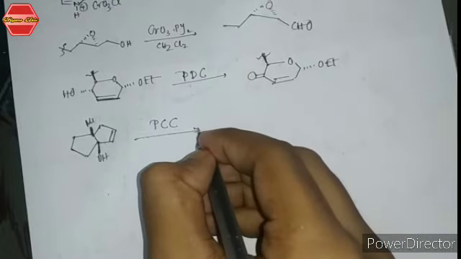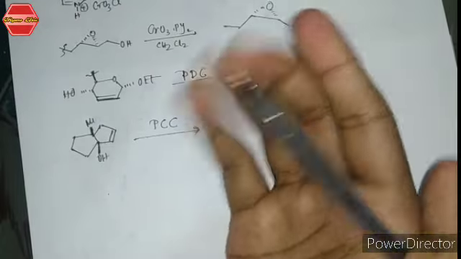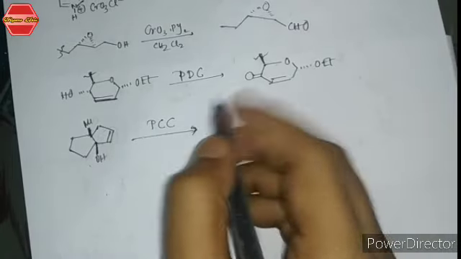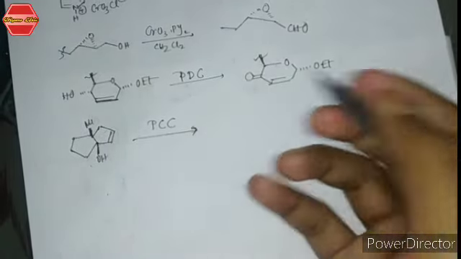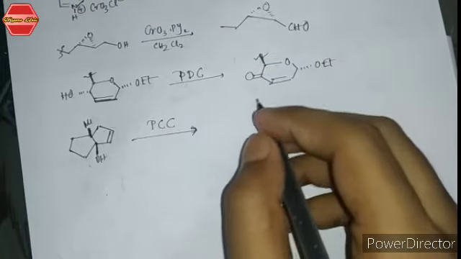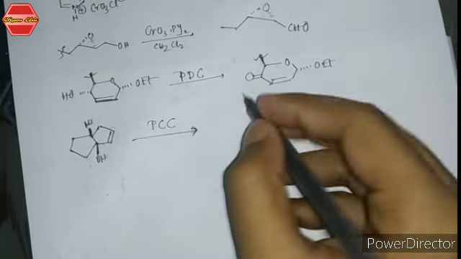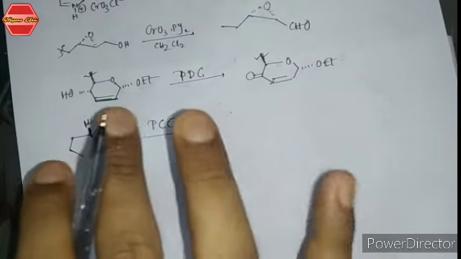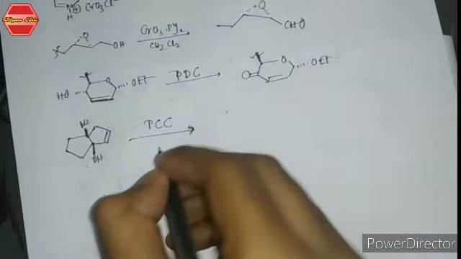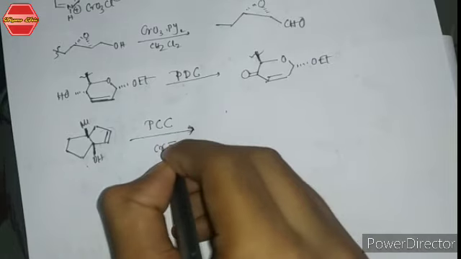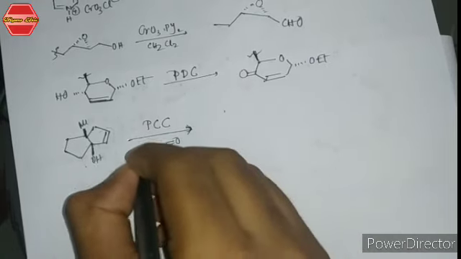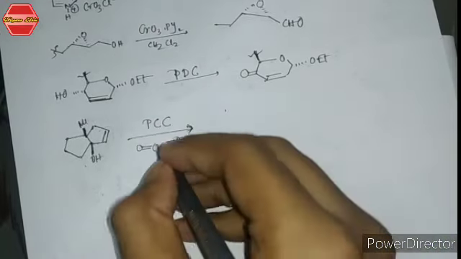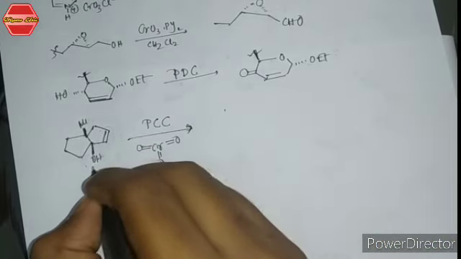So when we use this PCC, this overall part will rearrange. Here is a possibility of a 3,3 sigmatropic rearrangement, and I will show you how it proceeds. The structure we all know. What is the PCC structure? The chlorochromate part, we are taking it this way. Now there is oxidation.